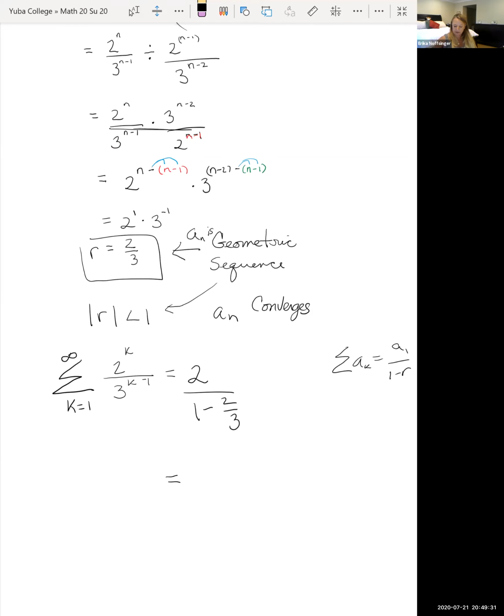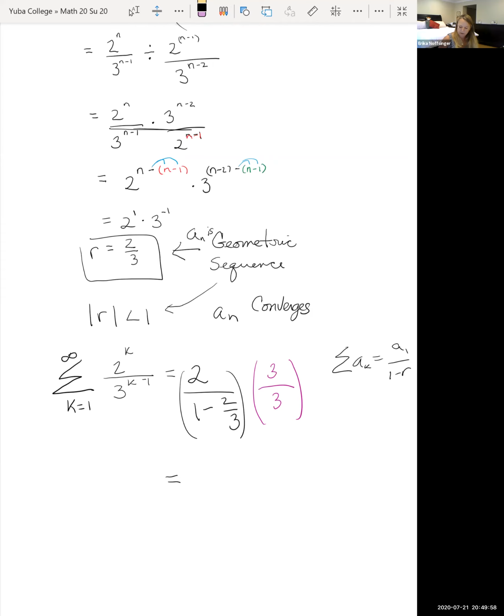Let's clean this up a little bit. We have a complex fraction. We can get rid of that by multiplying by a fancy one. And that fancy one will be our least common denominator of all the fractions within, which is only one fraction, so 3. So we get 2 times 3 is 6. Distribute that 3 to the 2 terms in the denominator.